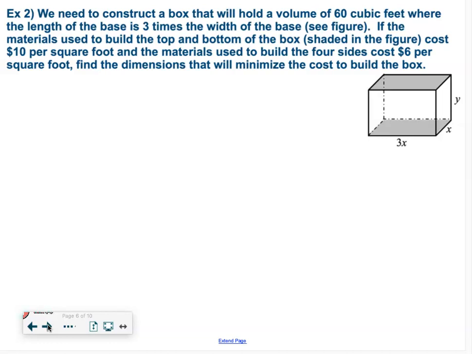So I need to write an equation for cost. What I want you to do in your groups is take the next minute and see if you can figure out an equation that would give you the cost of building this box.